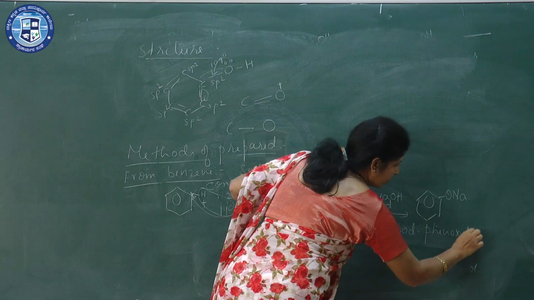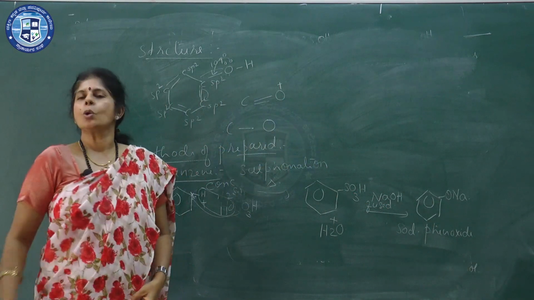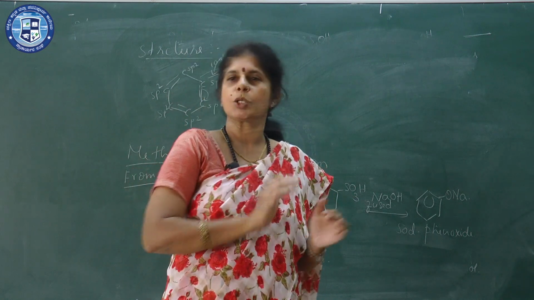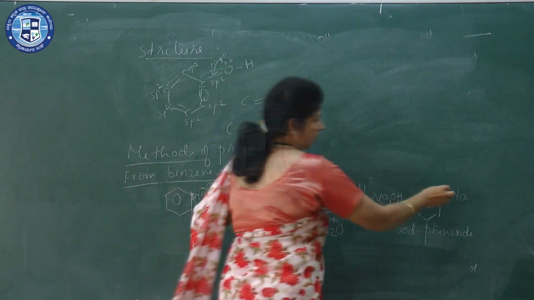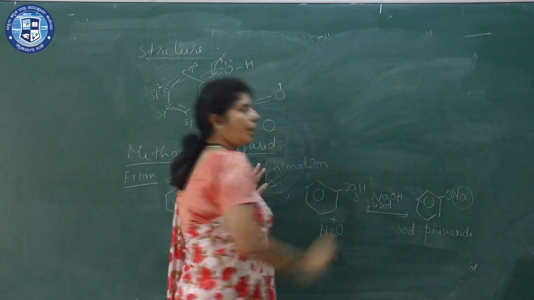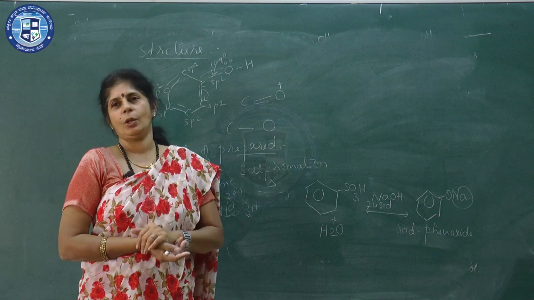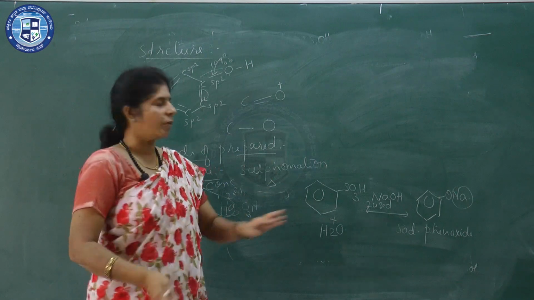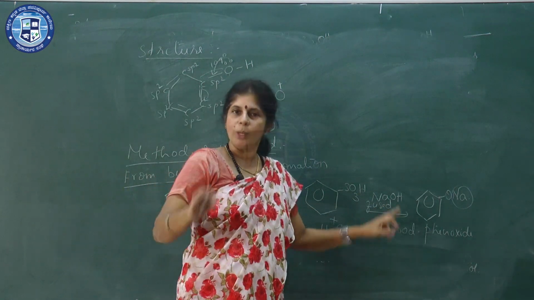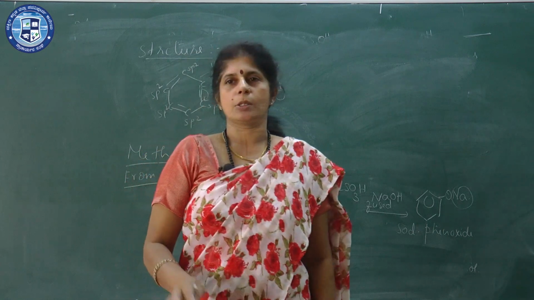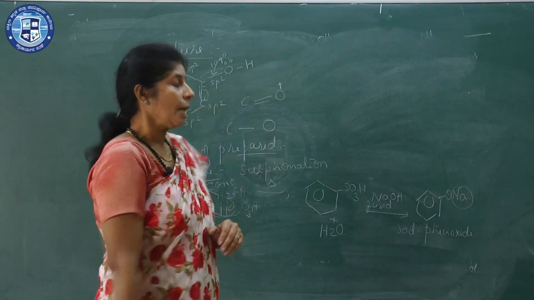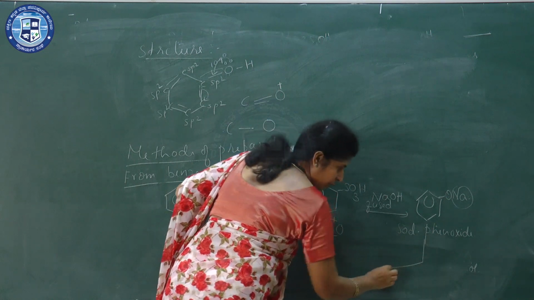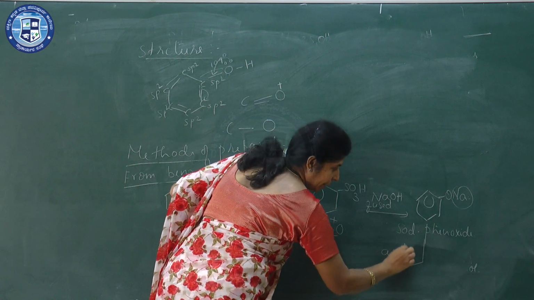So what is the difference remaining between phenol and its salt? It is this Na. You replace the Na by H, and we get phenol. And the basic part, Na, obtained from the base, is removed using acids. That is what we call acidification. And the acidification is done, acidified, right?